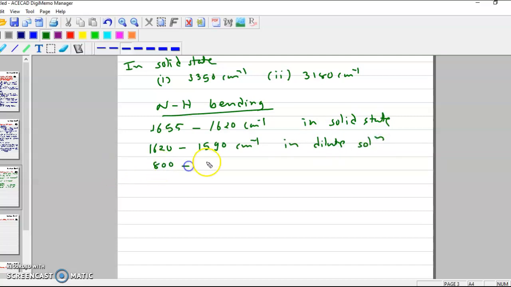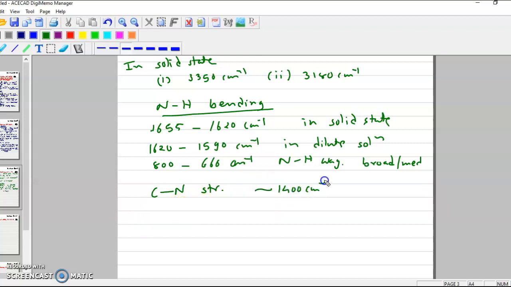At 800 to 666 centimeter inverse, we observe NH wagging, which is broad or medium. Okay. C single bond N stretching in case of amide will be at nearly 1400 centimeter inverse.